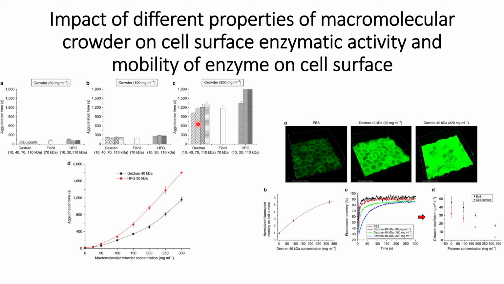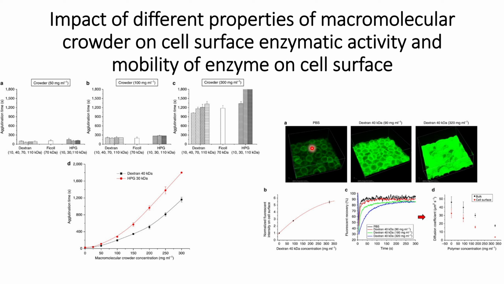And after that, they wanted to check whether these macromolecular crowders affect the mobility of the enzyme on the cell surface. For this, they use FRET technology, where first they immobilize the cells on the surface and then photo bleach it using the fluorescence.